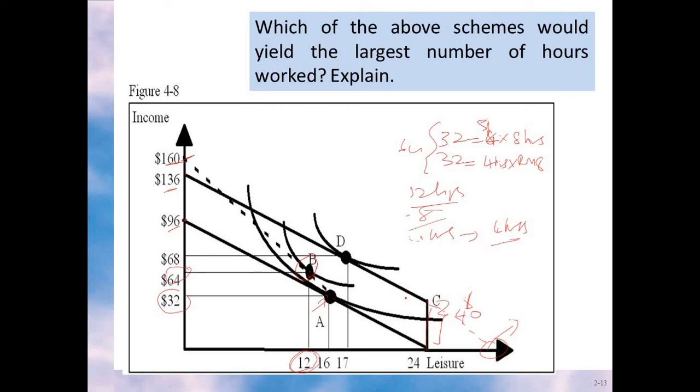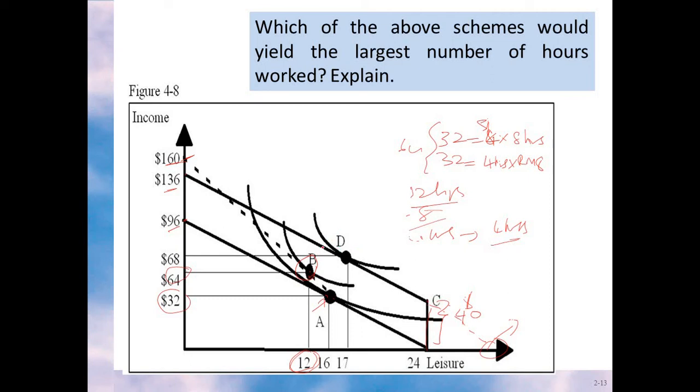The graph here maybe could be better, because this one should be higher than 32, but never mind. This one is 40. That's where it is vertical here, and then it is parallel again with the normal one, because they offer only $8 per hour plus the fixed payment.